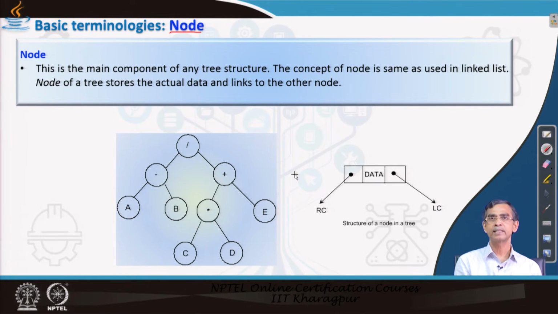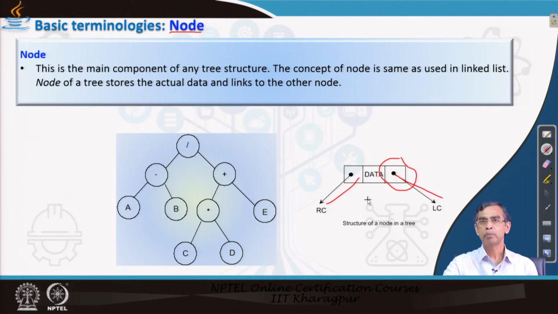The data is where the actual value is to be stored, and it has 2 link fields. This link field is basically to point to the left subtree, that means a pointer to another branch, and this field stores the pointer to the right. So, this is called the left child and right child. Here, for example, this is one node, it has this left child.